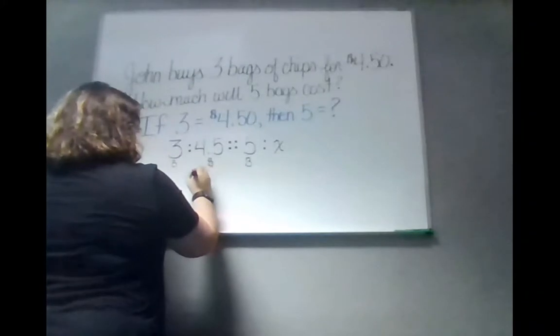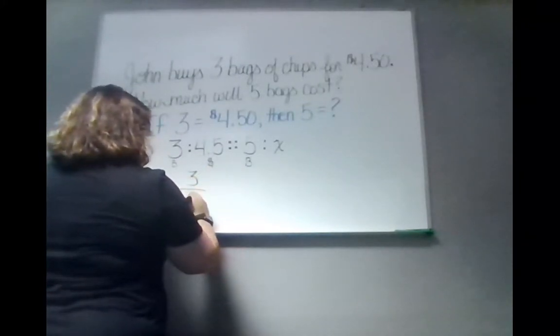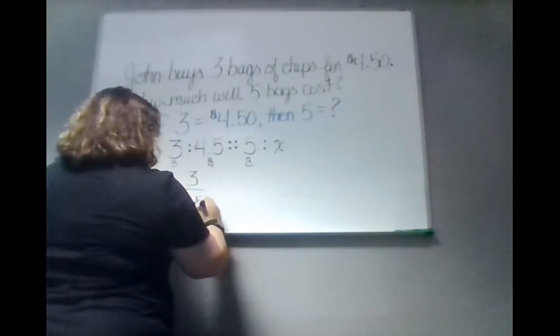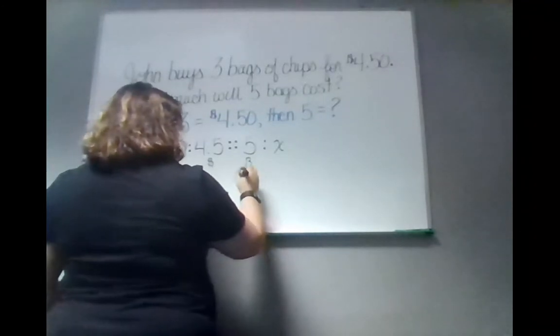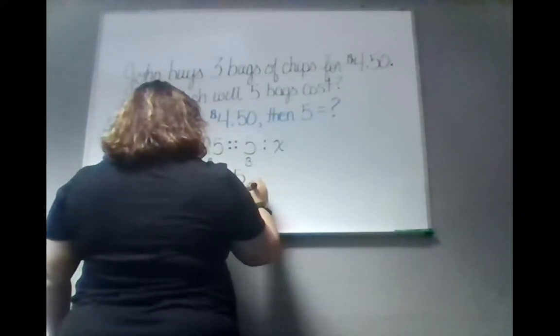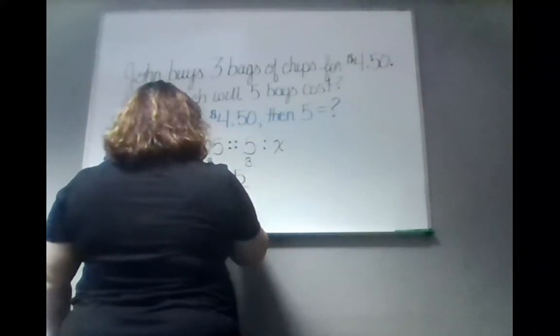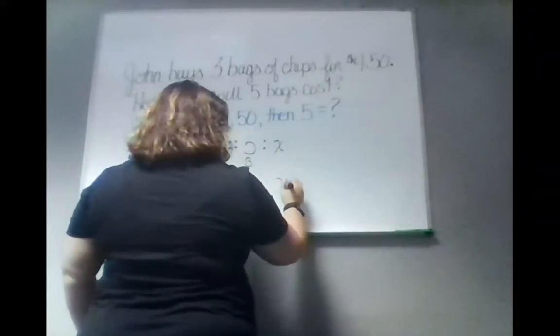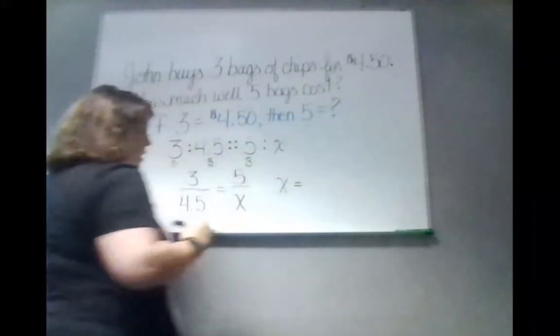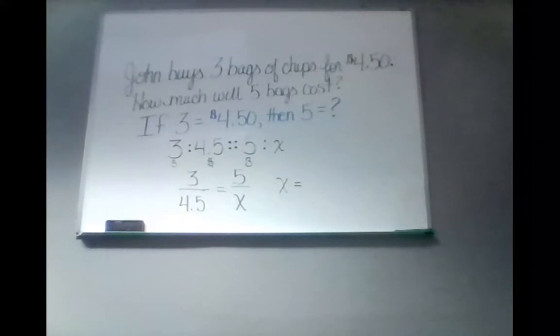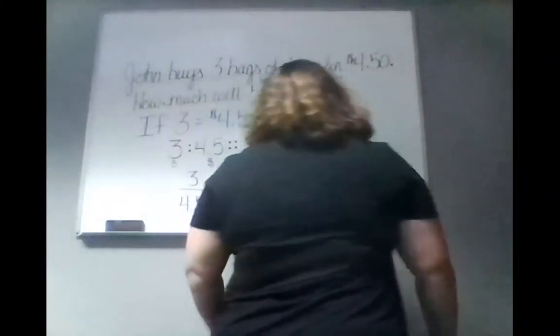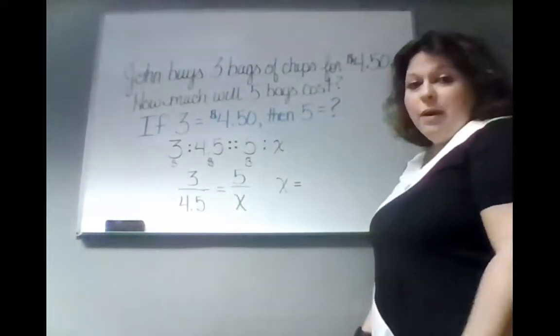So this is going to turn into 3 over 4.5 equals 5 over X. I'm going to let you work out this part, whether you do the calculator trick or you do it the long way.